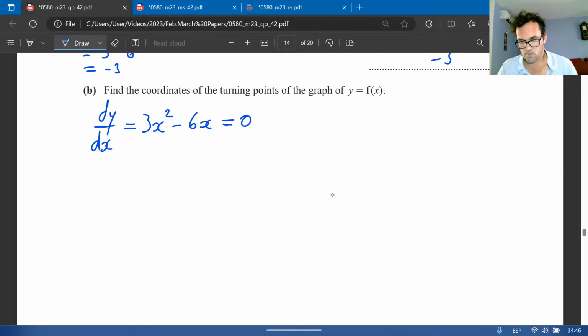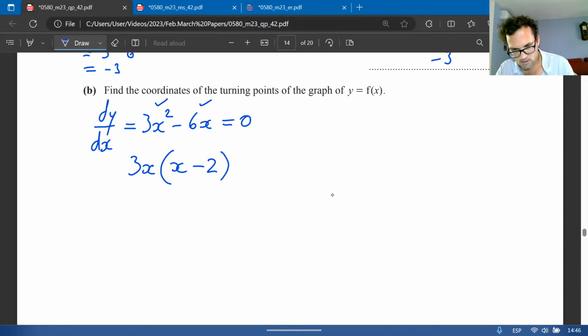We need to factorize. So common factor of 3 and 6 being 3, and then both these terms have got an x, so we factorize out an x. What is left then is an x in the bracket, because 3x times x is 3x squared, and a minus 2, because 3x times minus 2 is minus 6x.